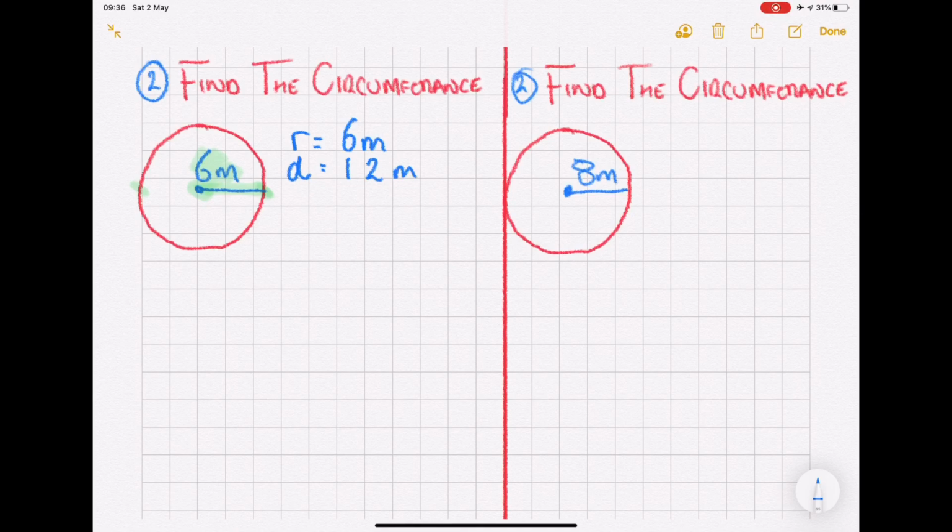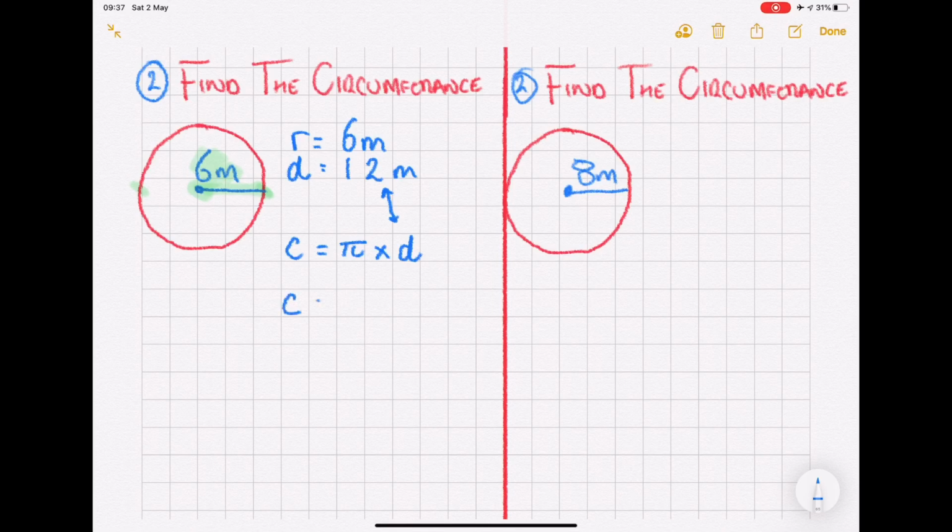Okay? Now from here on in, we can approach the question exactly the same as we approached the first one. So let's write out our formula. Circumference equals pi times by d. Pi times by the diameter. Now we substitute our d for an actual number.